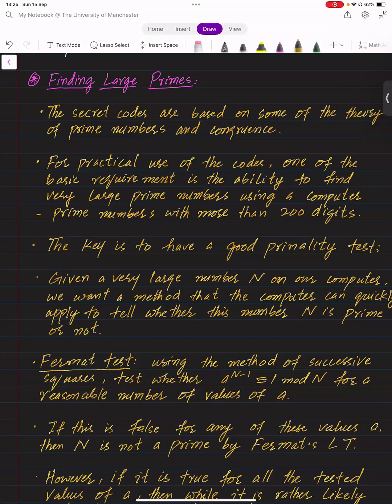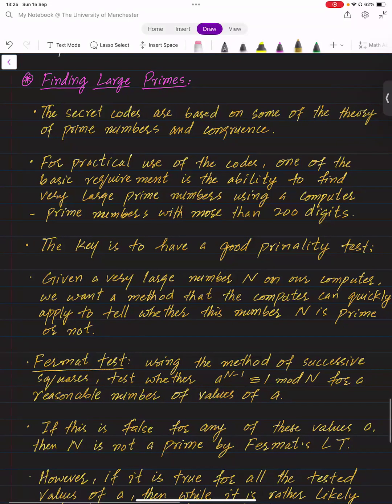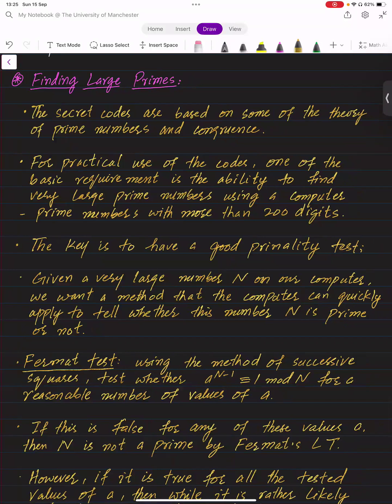That means you have a number and a way of testing whether that number is prime or not. So given a very large number n on a computer, we want a method that the computer can quickly apply to tell whether this number n is prime or not.